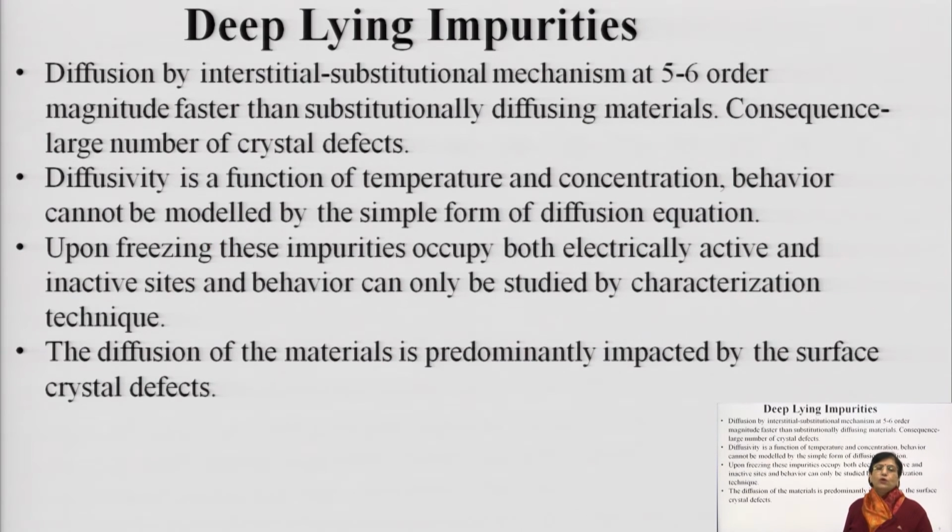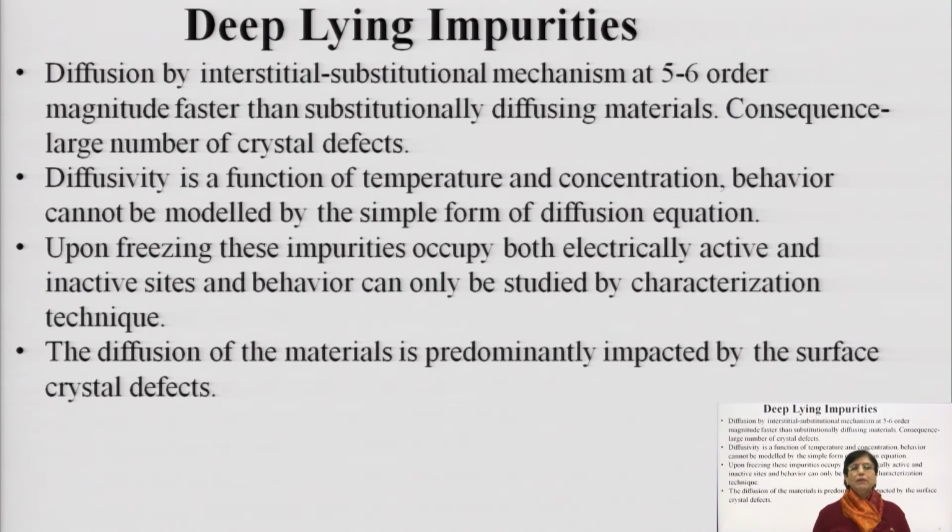Now, you have something known as deep lying impurities. So far we have seen normal diffusion profiles for typical materials like boron, arsenic and phosphorus. Then come typical materials which are diffused for particular applications, and we call them deep lying impurities.